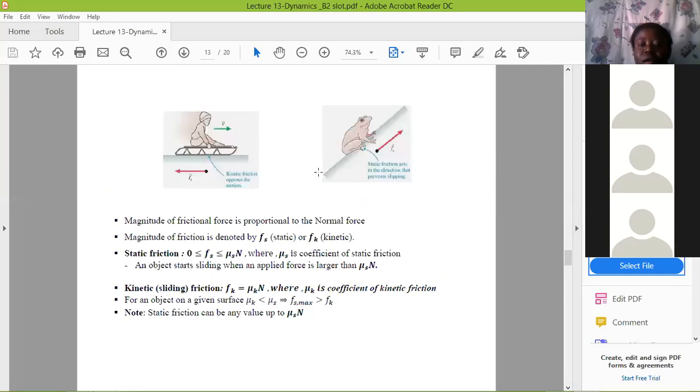If you look at these two surfaces, on the first surface you can see the boy sliding. The boy is moving on the horizontal surface, so there is a friction force opposing him. Your friction force is always in the opposite direction of your motion.